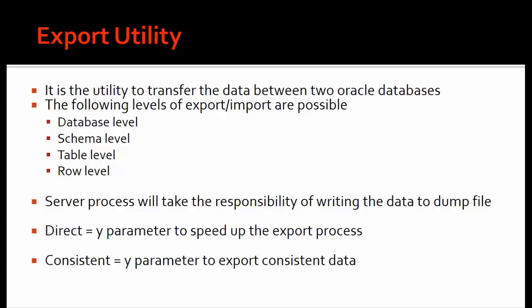To understand this point, let us look at one example. Let's say you're performing an export of 4 tables: tables 1, 2, 3, and 4. You fired the export utility at 10 a.m. It will start with the first table, then go to the second table, then the third table, and likewise to the fourth table.